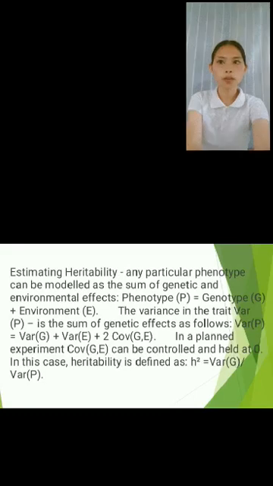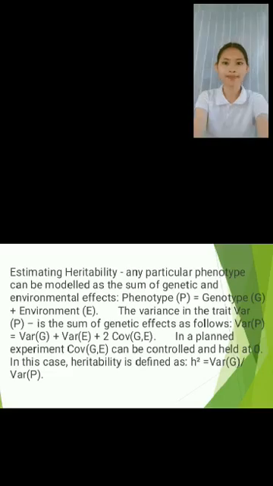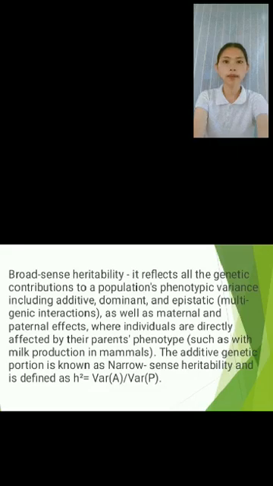In a plant experiment, Cov(G,E) can be controlled and held at 0, in which case heritability is defined as H² equals Var(G)/Var(P). Broad sense heritability.